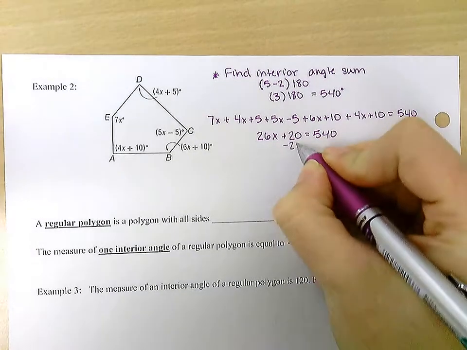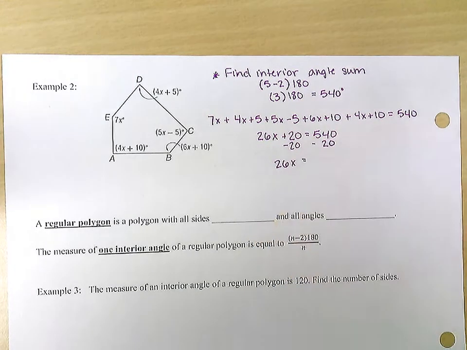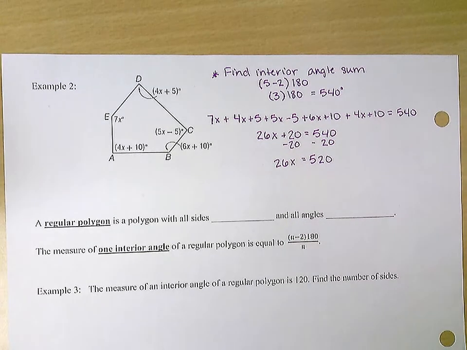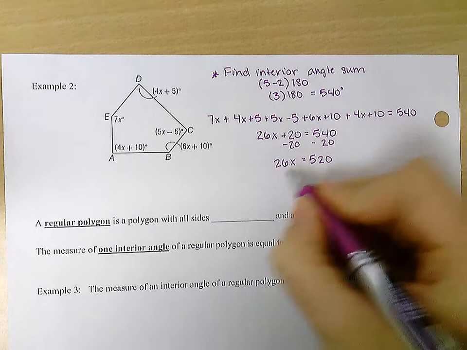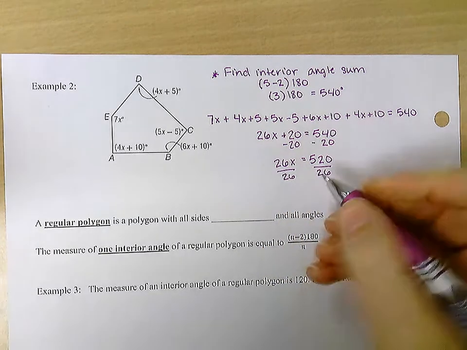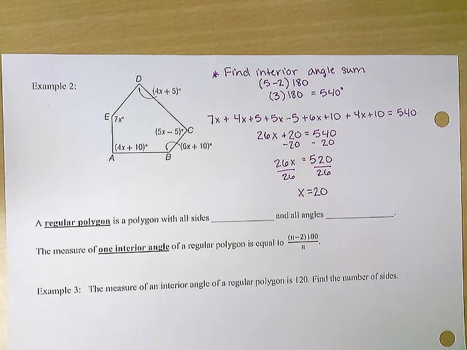Subtract 20. So we have 26x is equal to 520. Divide by 26 to get x is equal to 20.